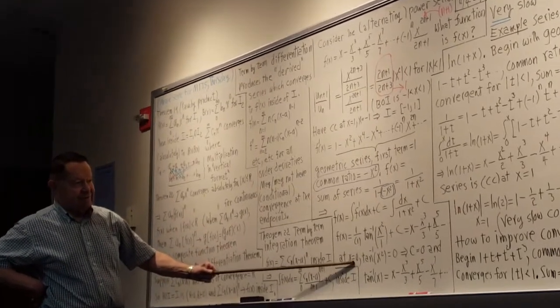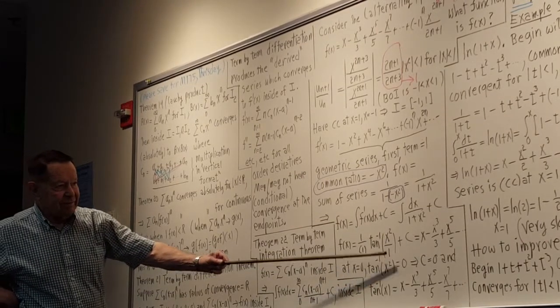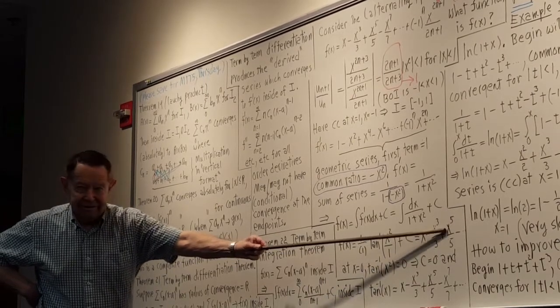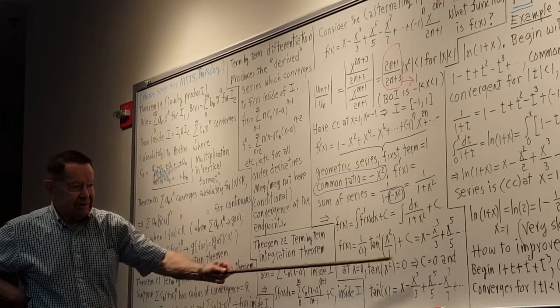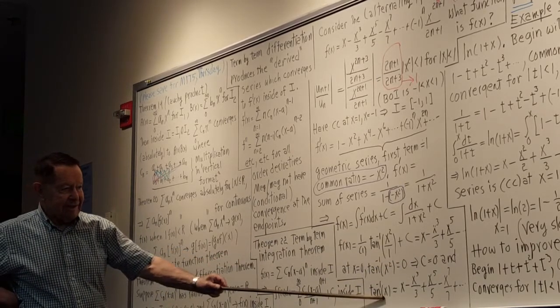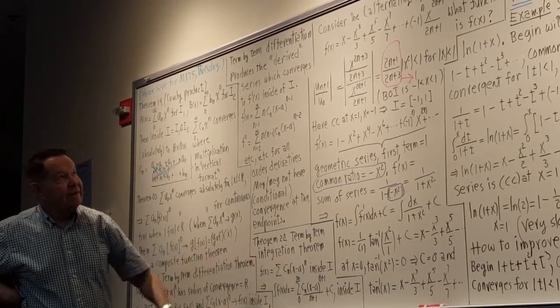At x equals 0, arctangent of 0 is 0, and you'd have zeros in all of these places because they're all powers of x, so your constant of integration is 0. So your arctangent series then is like this.